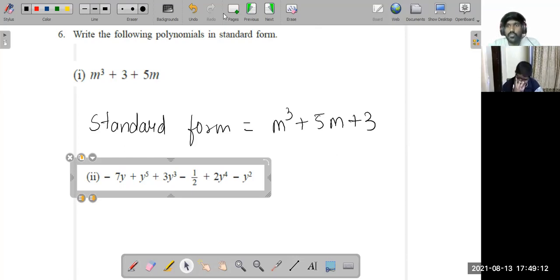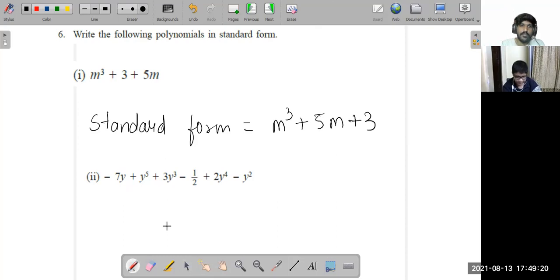So I got the answer: y raised to the power of 5 plus 2y raised to the power of 4 plus 3y cube minus y square minus 7y minus 1 upon 2. Correct.